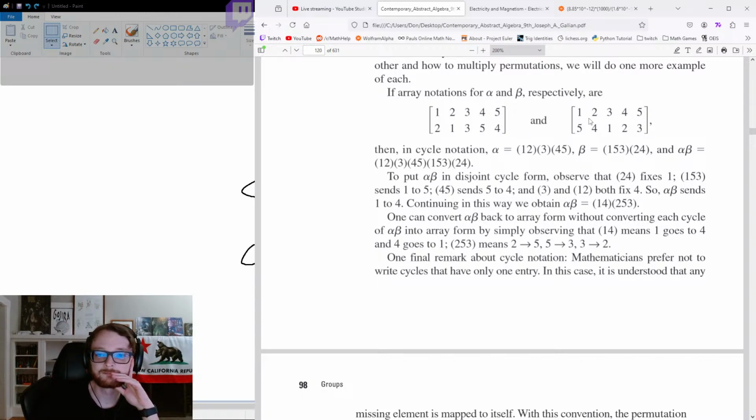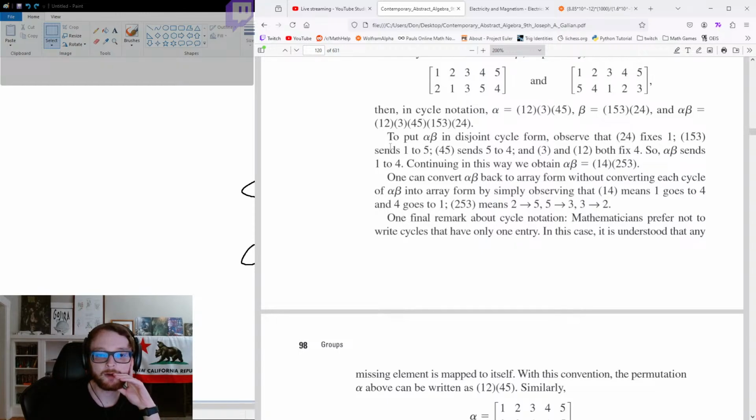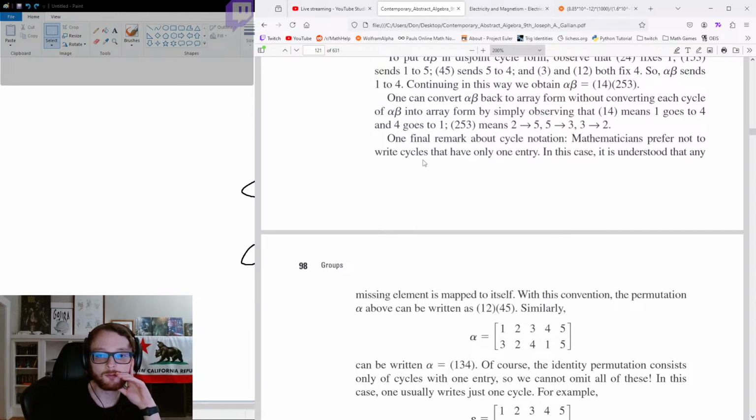Mm-hmm. 153, 2, 4. I feel like I've already got it. I can figure out how to do this. I don't need another example.